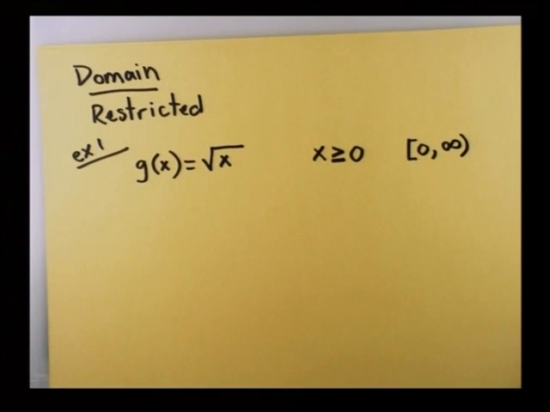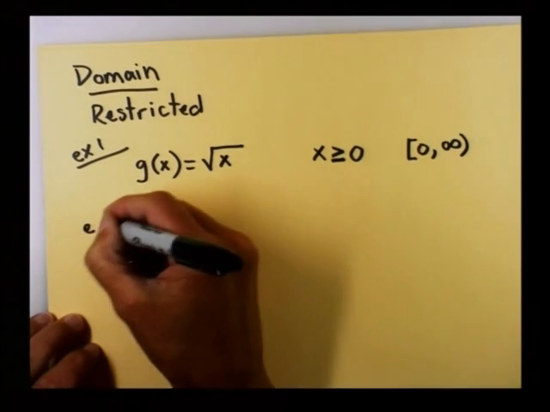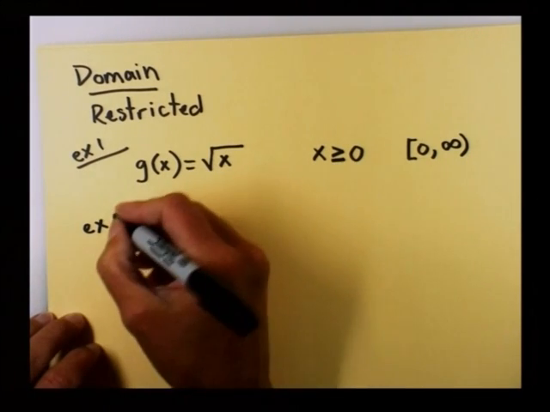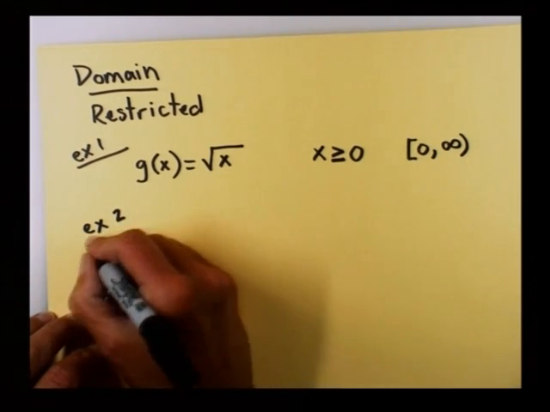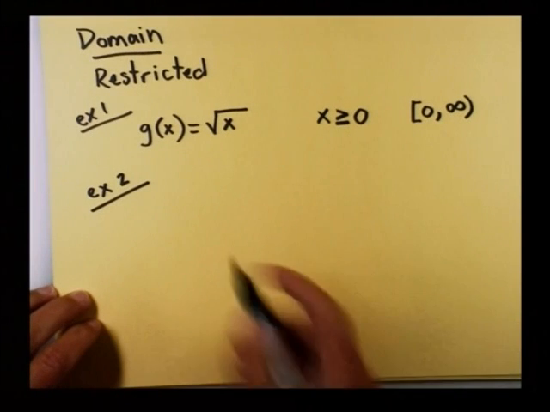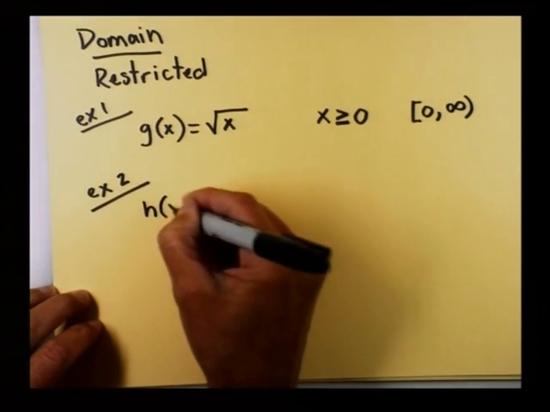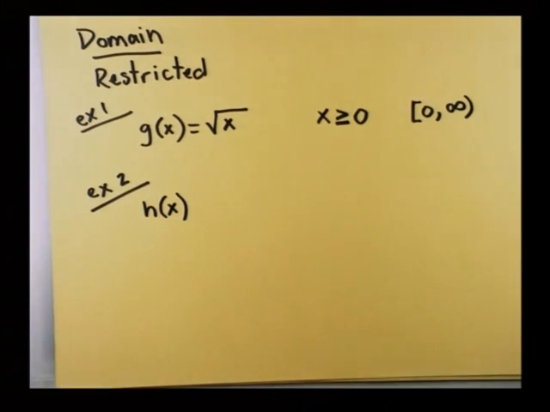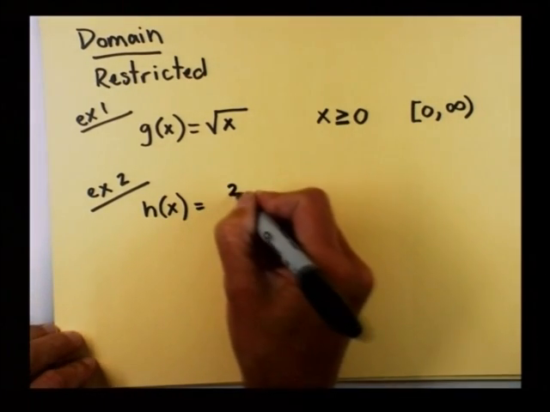Another place that you're going to have to watch for restrictions is when you're dealing with rational functions. So example 2, let's get another example here. Rational functions, something that looks like this.